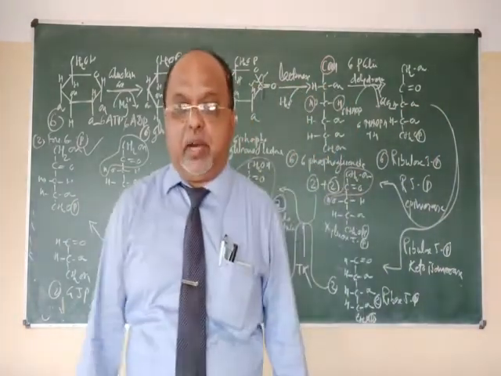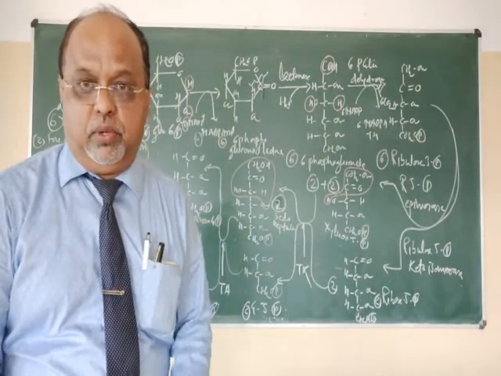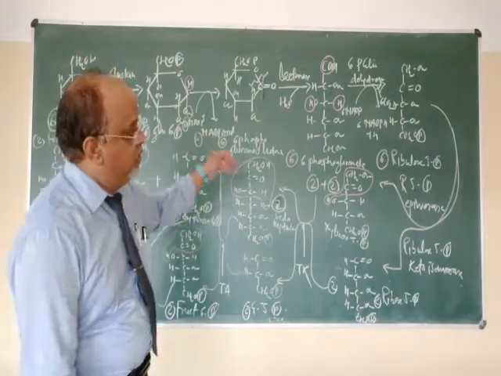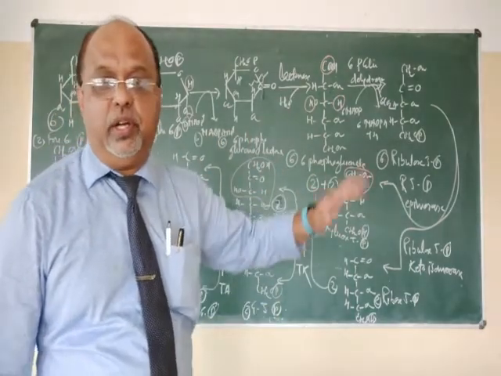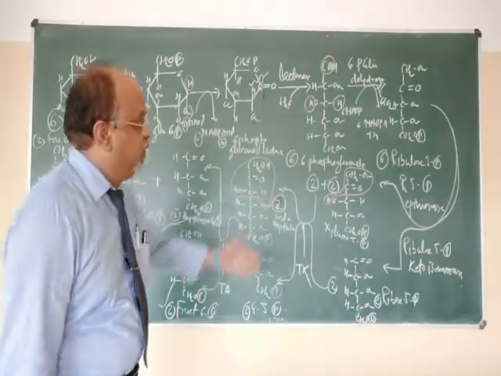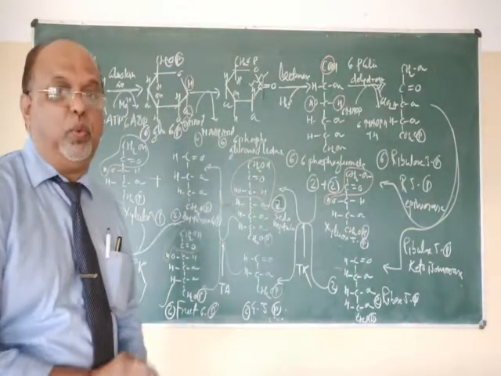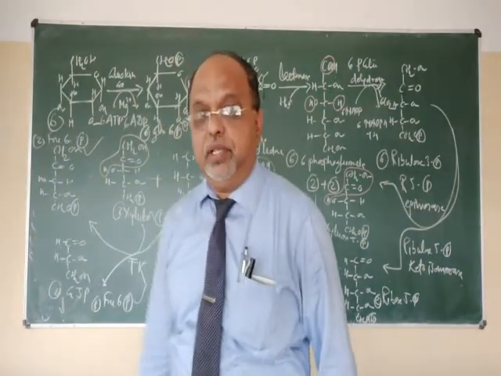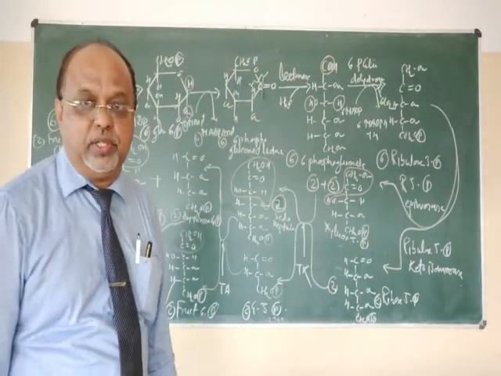So the 6 carbon atoms of glucose 6-phosphate are released in the form of carbon dioxide. So this is the pentose phosphate pathway and its significance. I hope you must have understood this. Thank you very much.